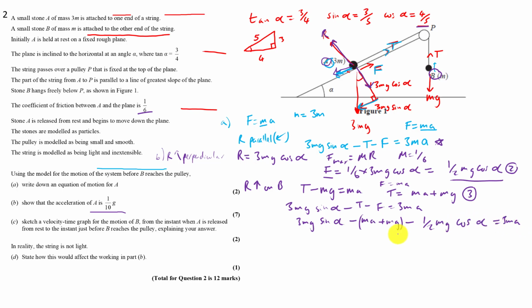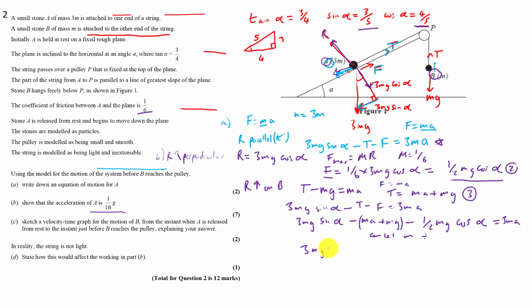Now we can divide out by m, cancel m by dividing. Now I'm going to use the sine values and cos values from here.